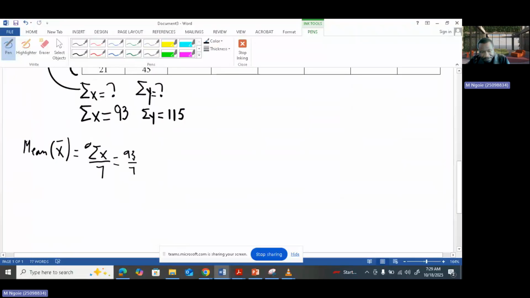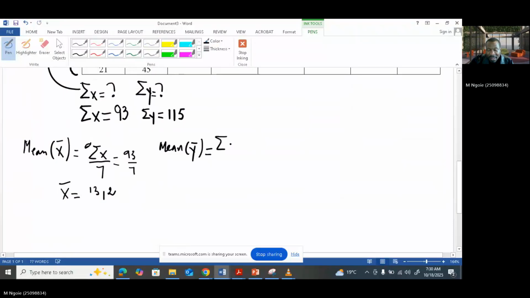So we're going to do it. 93 divided by 7, that's going to be almost, so x bar, the mean or the average, is 13.29 maybe. I can stop here. The same thing, we're going to get the mean for y, for the Cape Town account.